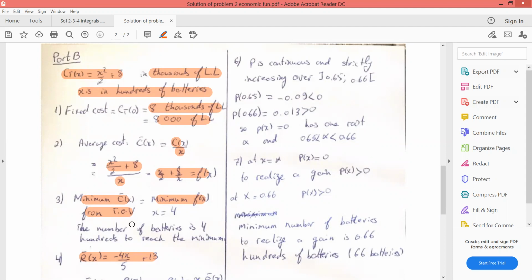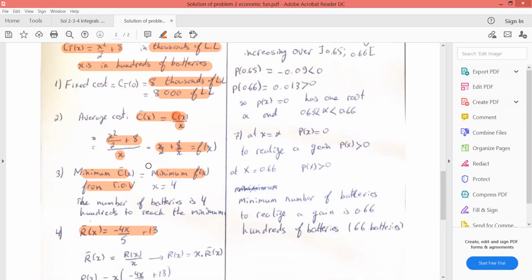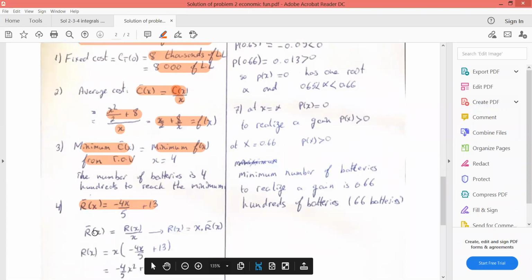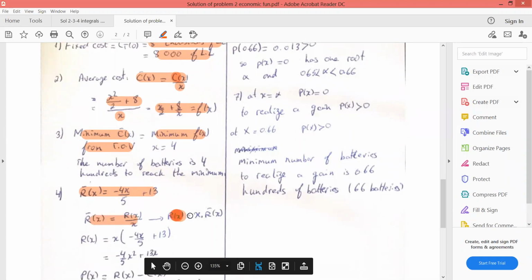But here I don't have the selling price. So R bar of x is R(x) over x, like C bar of x equals C(x) over x. By cross multiplication, R(x) equals x times R bar of x.